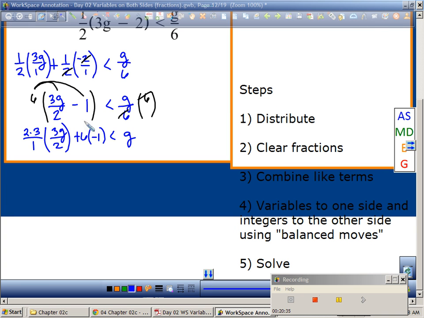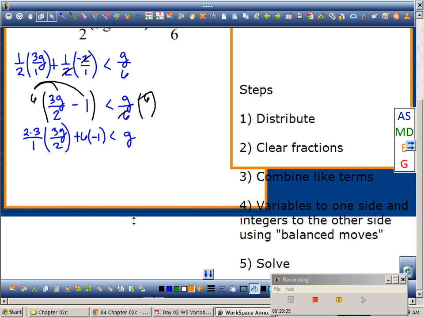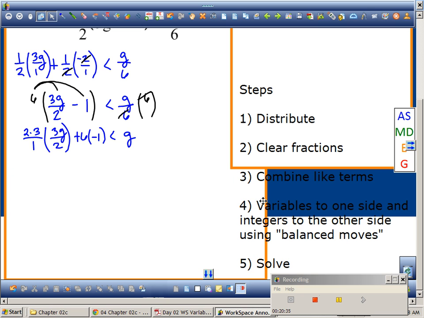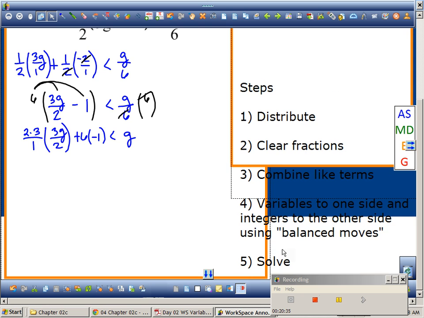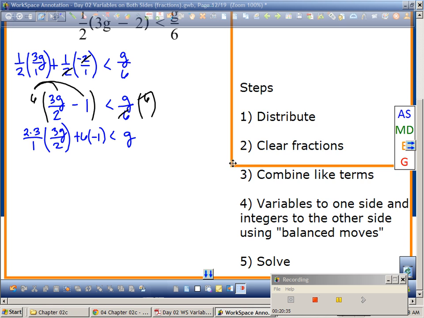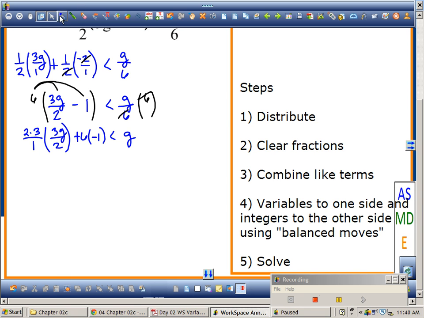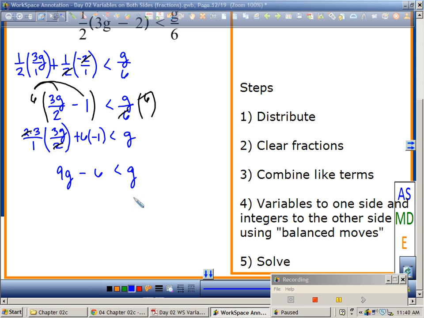So that's g. Might as well just bring this all the way over. There we go. Okay, so these go away as well, these 2. Now we're done with our fractions. So 3 times 3g is 9g, minus 6 is less than g.